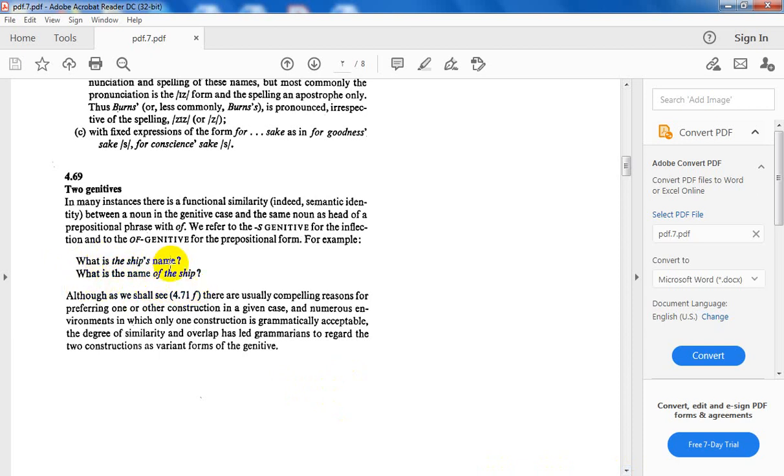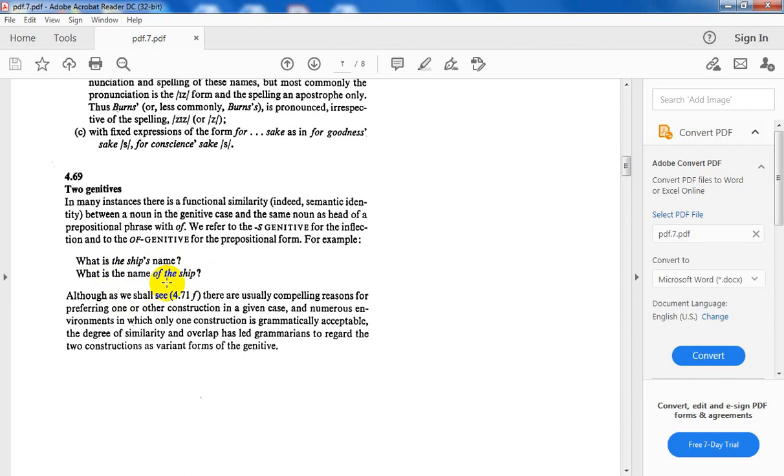You see, ship was in the common case, I change it to the genitive case by adding an apostrophe then S. Again, I can have the prepositional form: what is the name of the ship? هذه called the prepositional, هي of genitive.